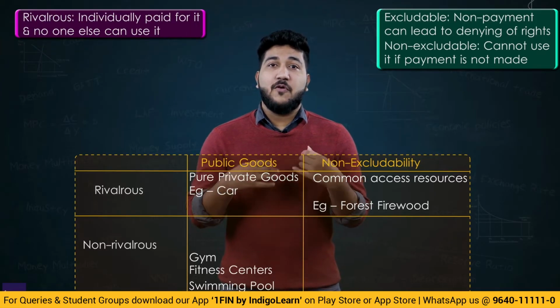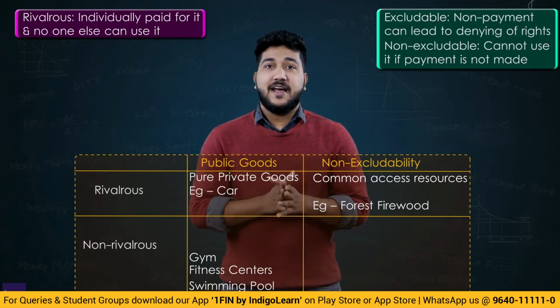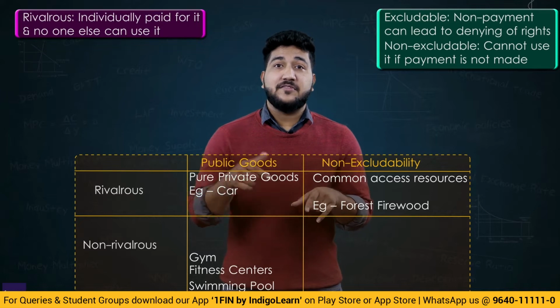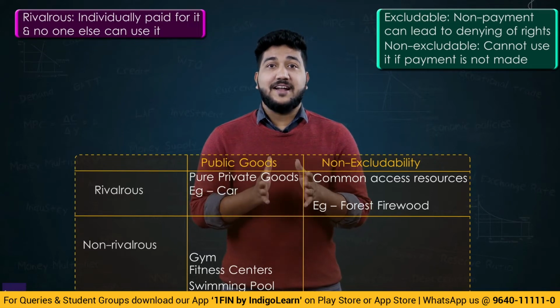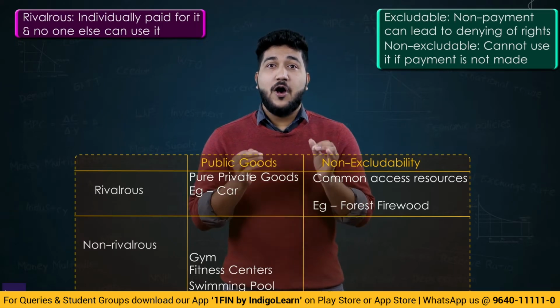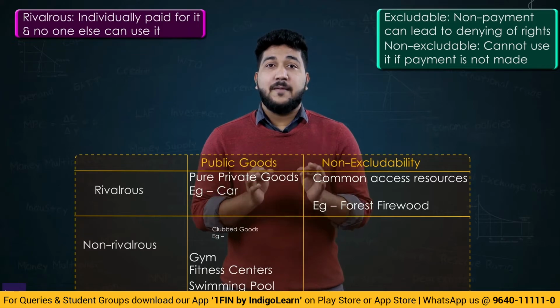That gives it an excludable feature, correct? At the same time, the same swimming pool that you are jumping in, 50 other people are also jumping in, isn't it? Correct? That is called being non-rivalrous. These goods which are non-rival in nature and also excludable are called club goods.